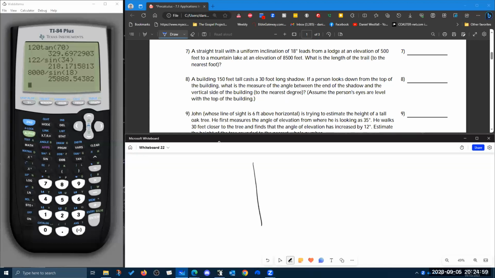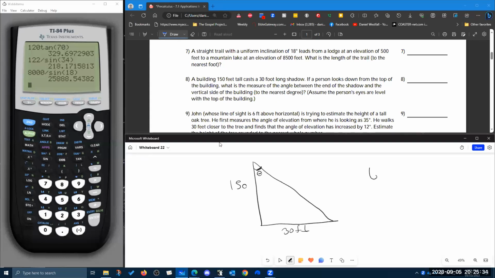A building that's 150 feet tall casts a shadow that is 30 feet long. The person looks down from the top of the building. What is the measure of the angle between the end of the shadow and the vertical side of the building? They want this angle there, to the nearest degree. Assume that the person's eyes are level with the top of the building.